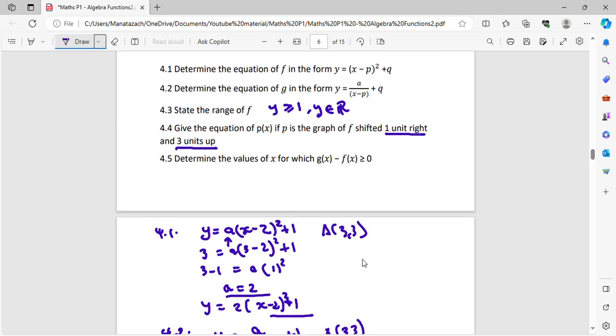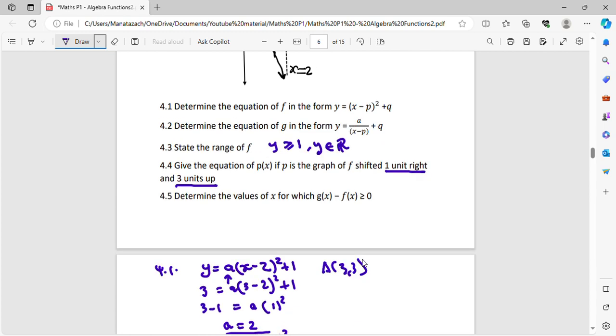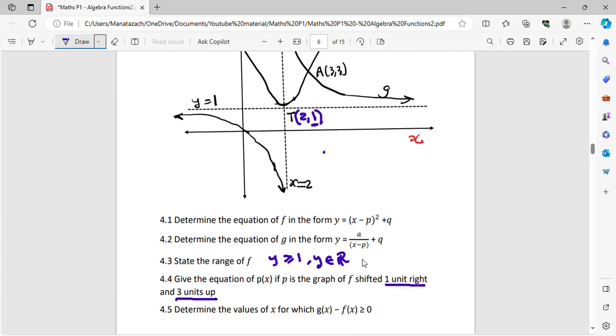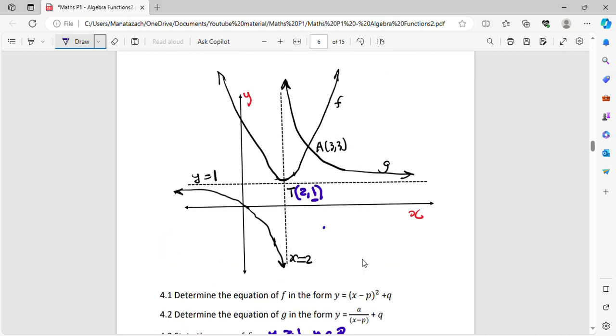Okay, so now 4.5, determine the values of x for which g of x minus f of x is greater than or equal to 0. It's going to be this region here. Let me choose a color, yellow.